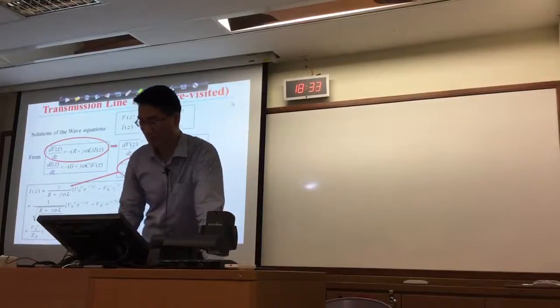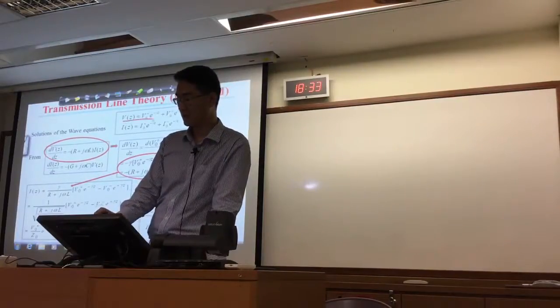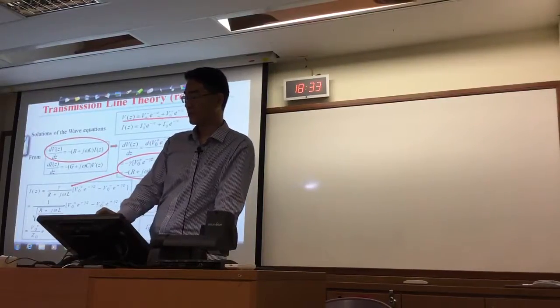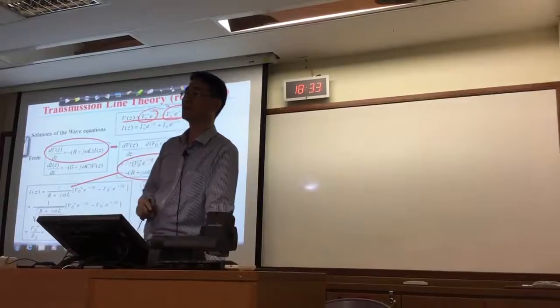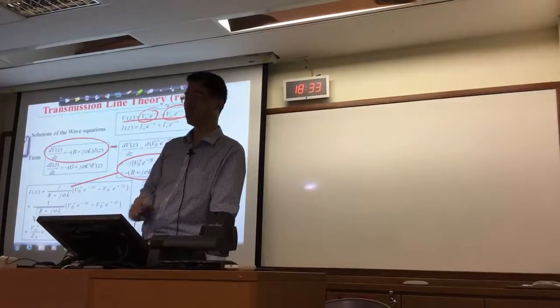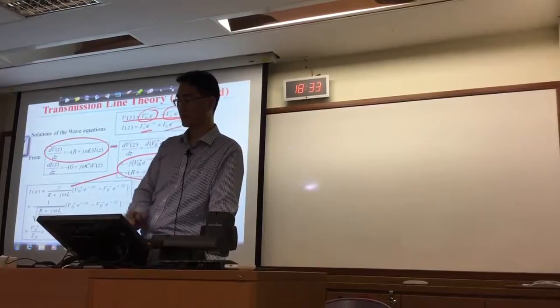The solution for the wave equation is the incident wave plus the reflected wave, right? This is the physical meaning of the solution. Similarly for the current, also incident plus reflected.